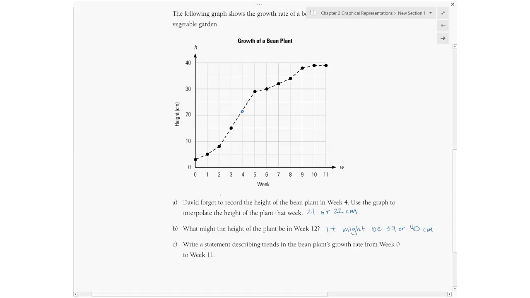And we want to write a statement describing trends in the bean plant's growth from week 0 to week 11. Well, it's growing quite quickly up until, I'd say, maybe week 5. At that point, the growth levels off a bit.